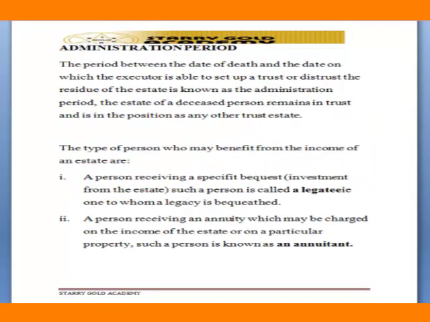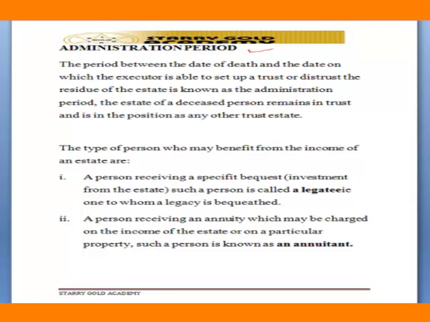Having said this, let's look at another aspect: administration period. The administration period is the period between the date of death and the period that the executor is able to set up a trust.